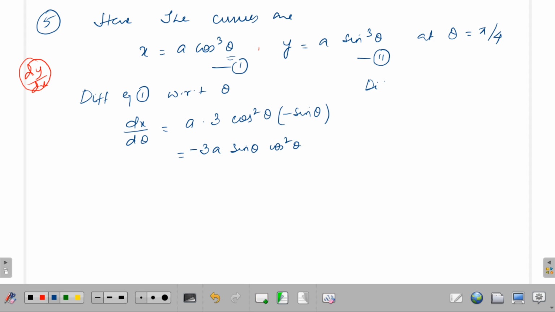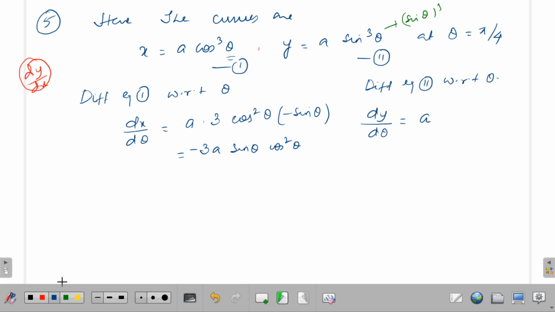Similarly, differentiating equation 2 with respect to theta, I'll get dy by d theta. If you're wondering how I got this, let me focus on it. Remember a is constant, and I can make the sine cubed theta to be sine theta the whole thing cubed, right? But this is not theta, so I have to consider this one to be theta. If I consider this one theta, then theta cubed will be how much?